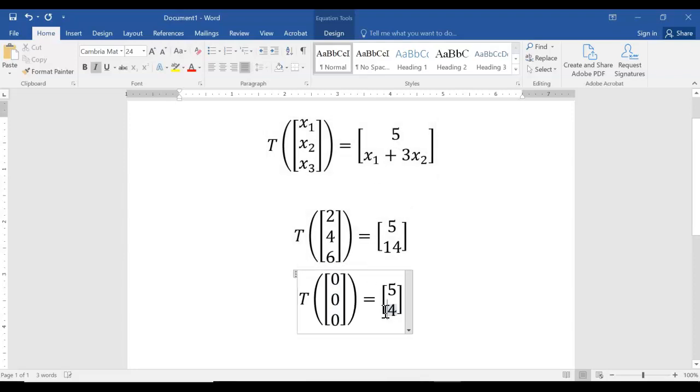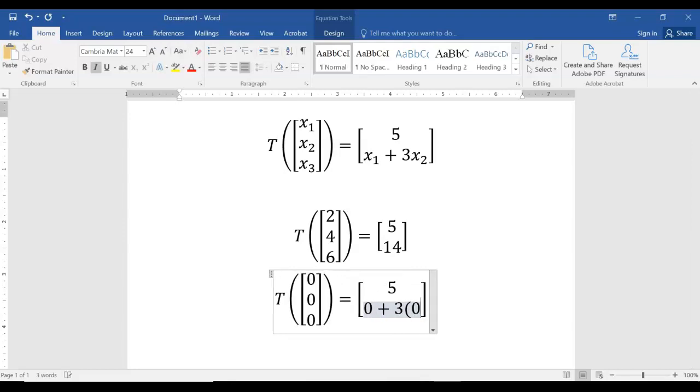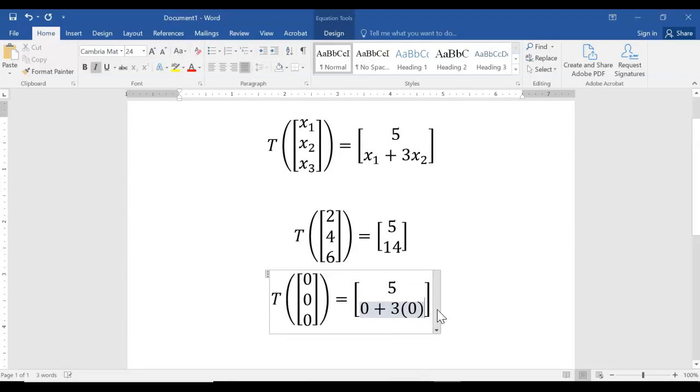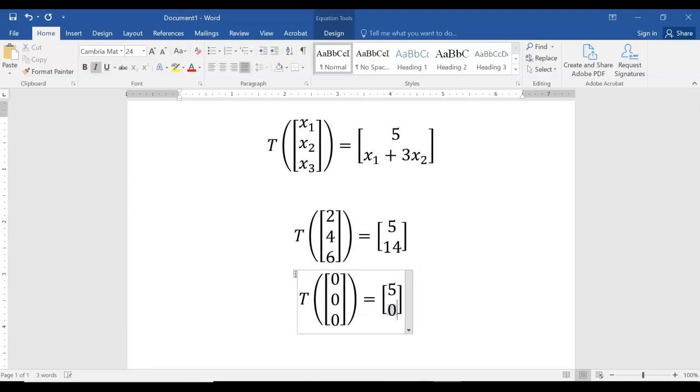My second entry is going to be 0 plus 3 times 0, which is just 0. So when you plug in the 0 vector, you get out the vector 5, 0. So that's what that transformation's doing. Hopefully that all makes sense.